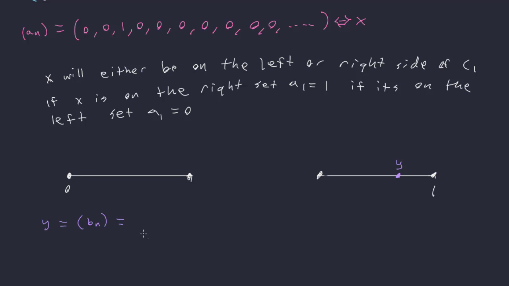In the first step, it's on the right side, so I'm going to put a 1, and then I'm just going to ignore what's left here. Now I'm going to remove the middle third again. And once again, for C2, it's on the right side of what's left.